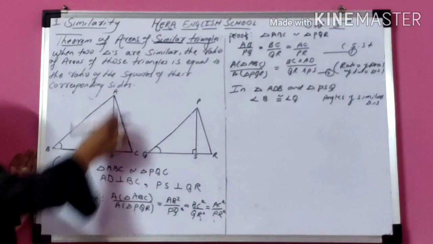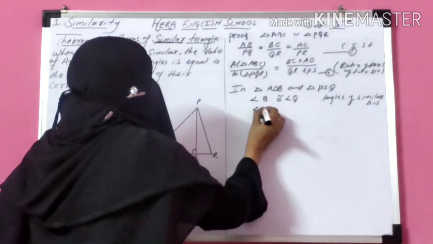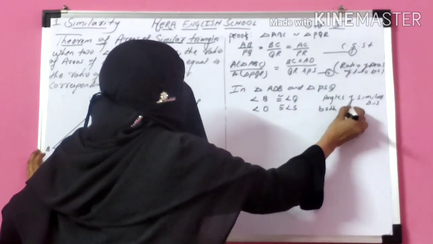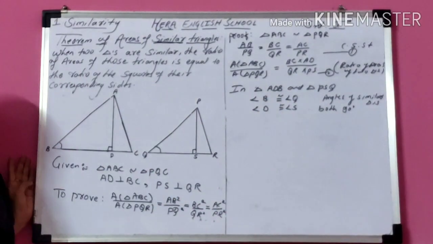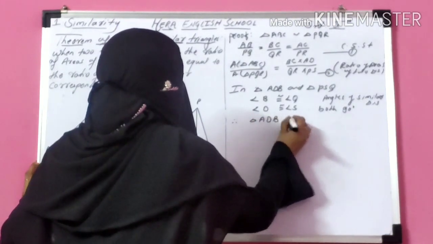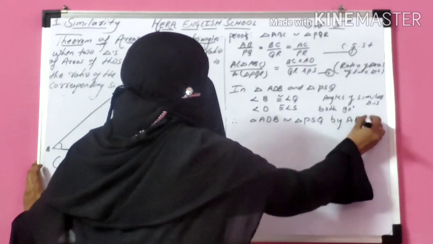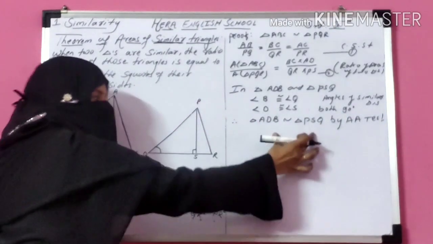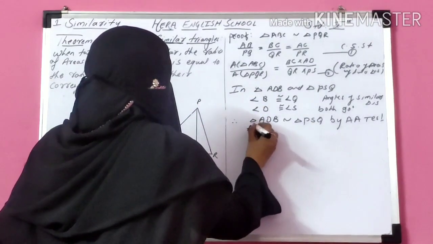Now the next angle: angle D of ADB and angle S are both 90 degrees, so angle D is congruent to angle S. Therefore triangle ADB and PSQ are similar by AA test of similarity. If these two triangles are similar, then corresponding sides are in proportion. Write their corresponding sides.